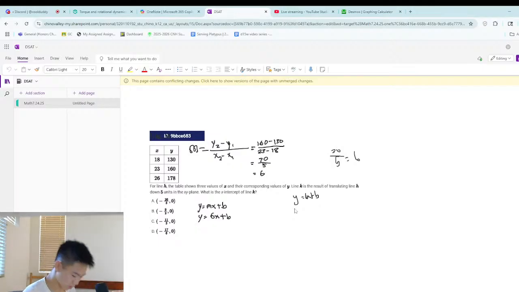Equals 108 plus b. 22 equals b. So we have y equals 6x plus 22.